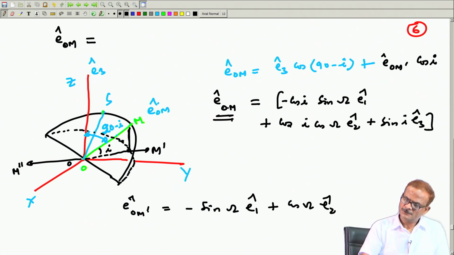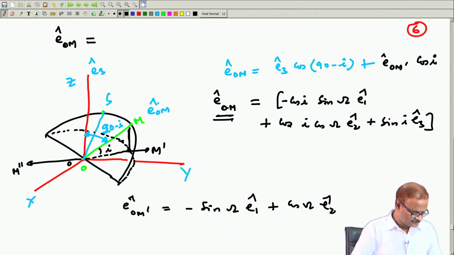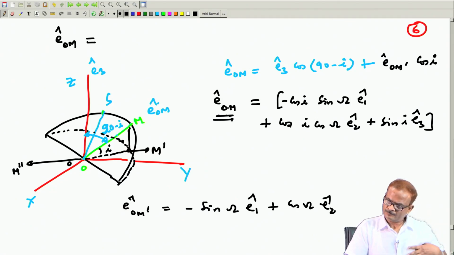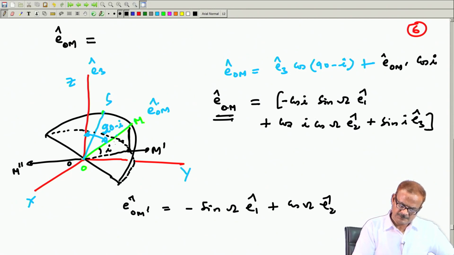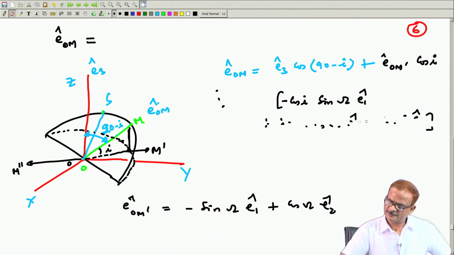So, E_OM cap, what we have written here, we take this vector component and this vector component and multiply them. I will erase this line and work it out properly.